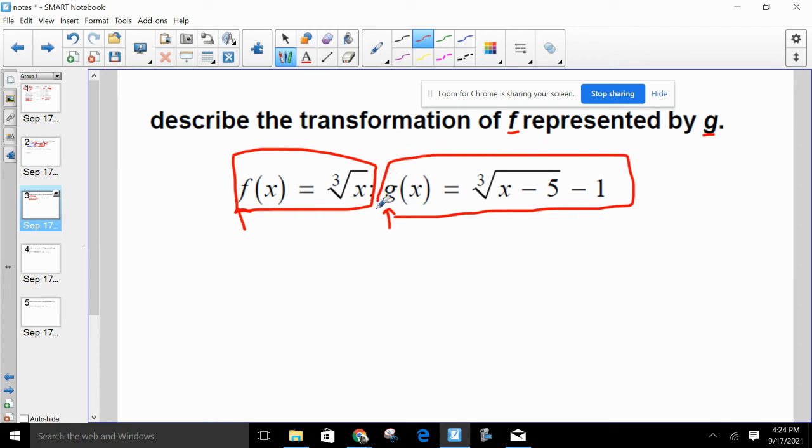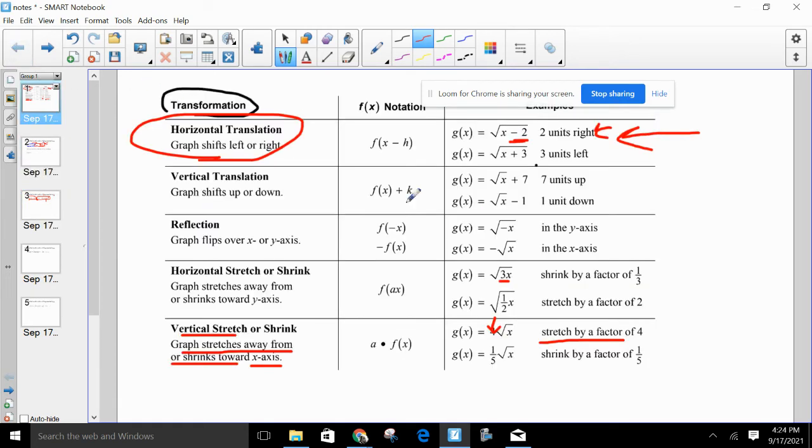We got some things going on. We have 5 being subtracted inside the cube root, and then 1 being subtracted outside the cube root. So there's 2 things going on. I got something being subtracted outside the root, so I know it's going to be a vertical translation. Translation is just a fancy word for shift.